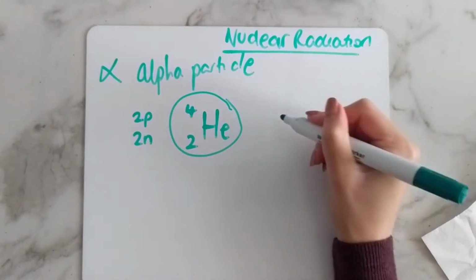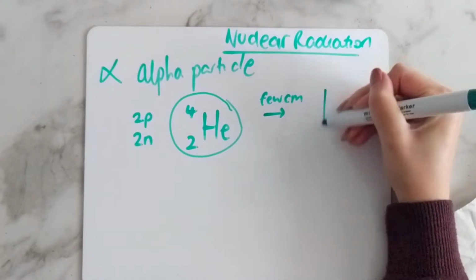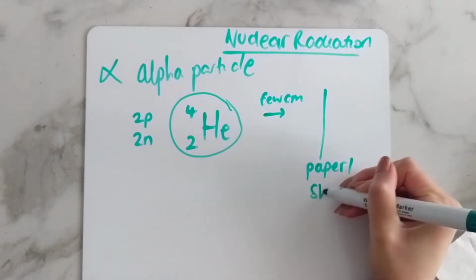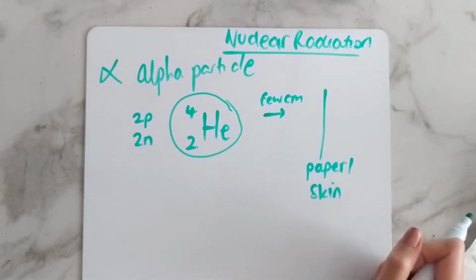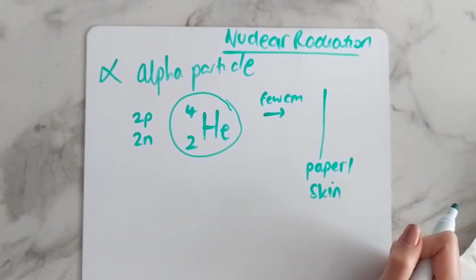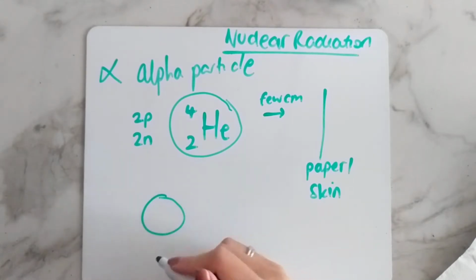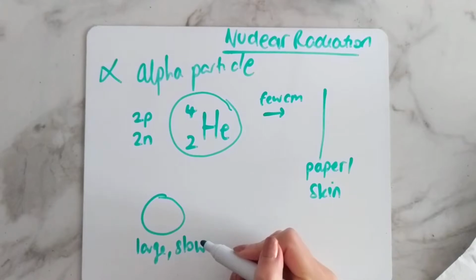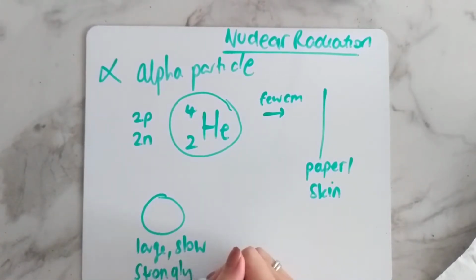Now alpha doesn't travel very far. It can only travel a few centimetres, and it is stopped by paper or skin. So alpha particles are very large and slow, and therefore we say strongly ionizing.